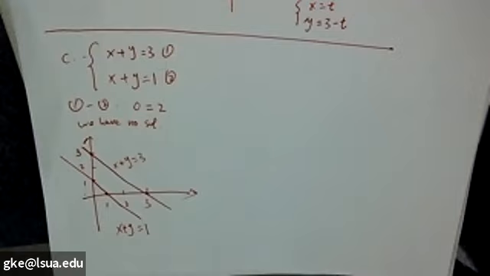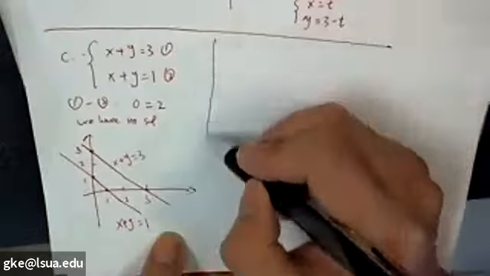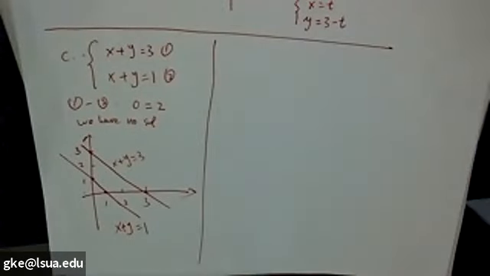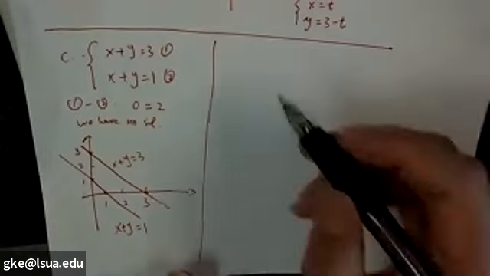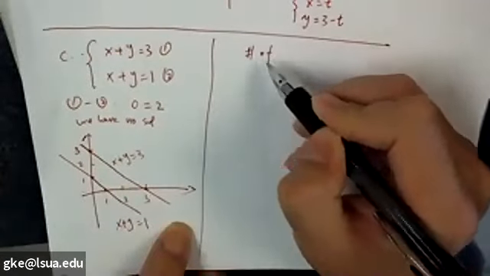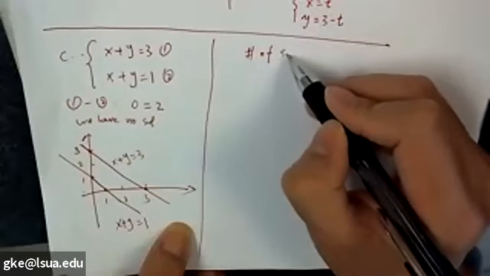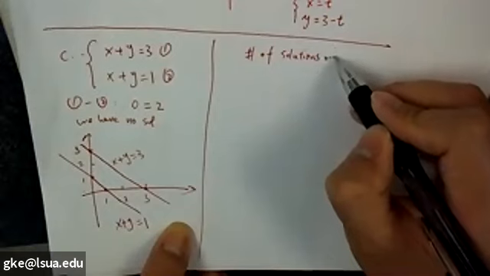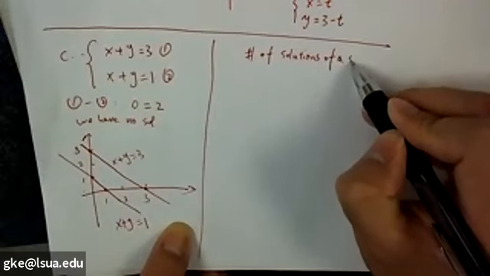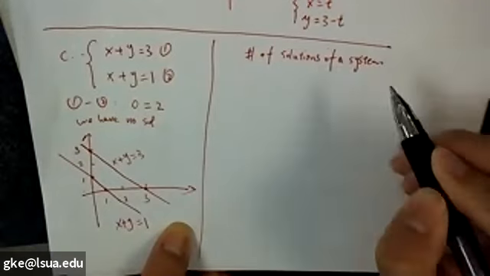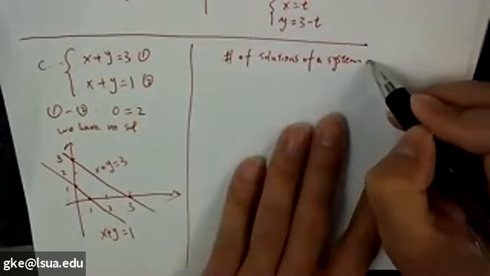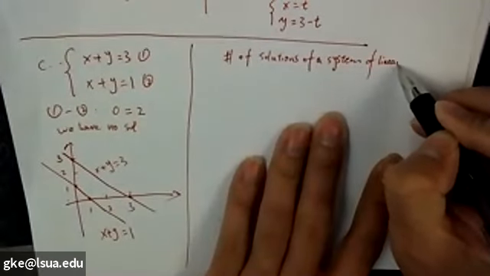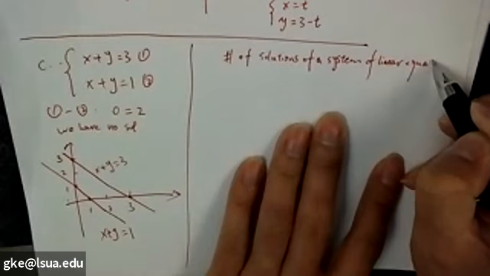Okay, now we can draw some conclusions. Conclusion: the number of solutions of a system of linear equations.